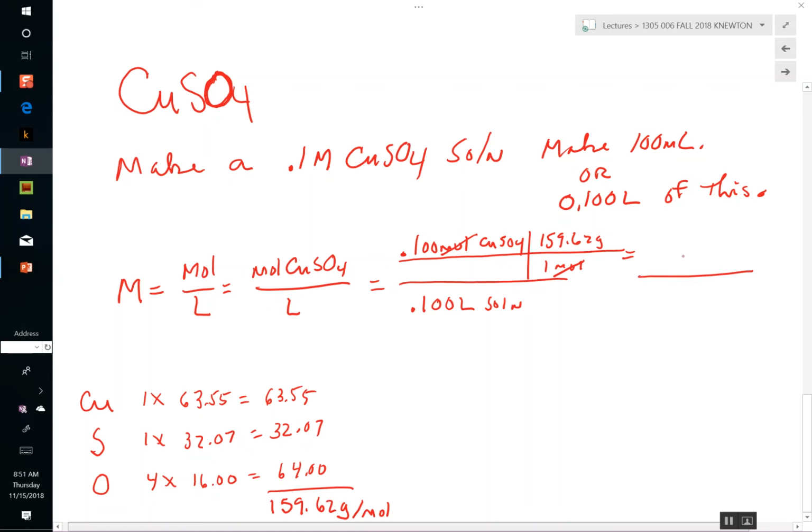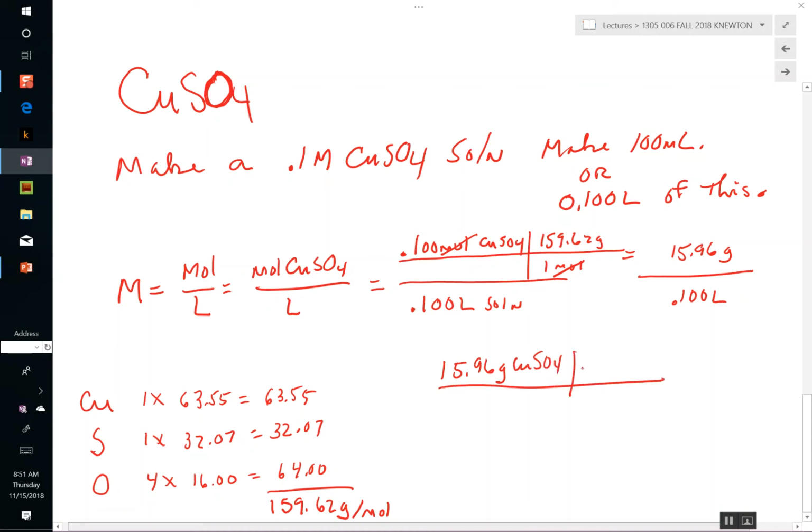So what we need here is 15.96 grams of copper sulfate in a tenth of a liter solution. That's going to be my tenth of a mole. Yeah, 15.96 grams of copper sulfate.